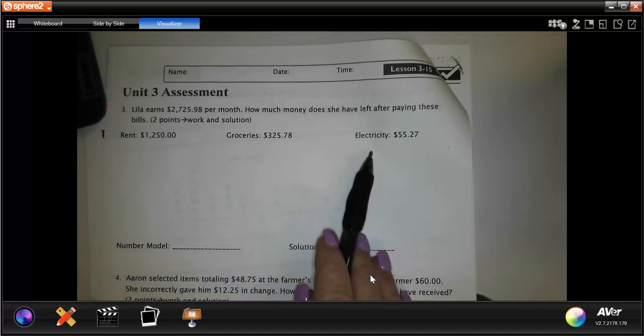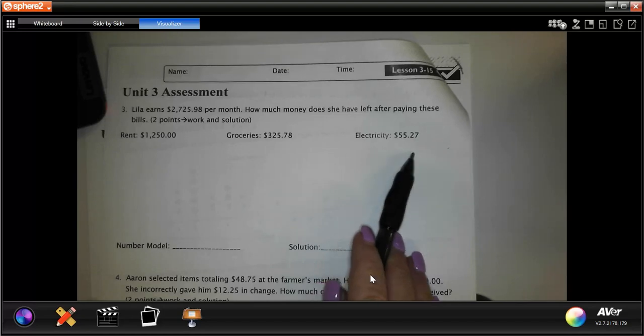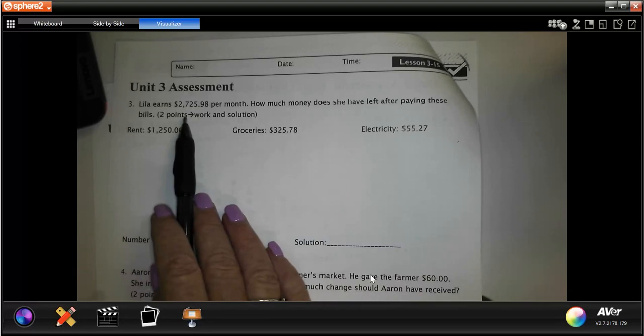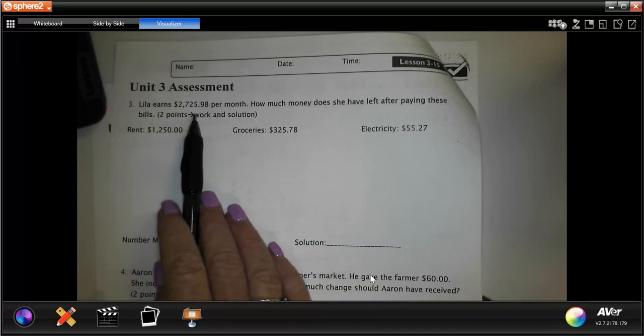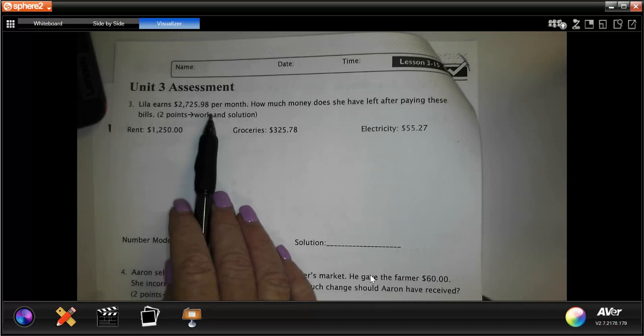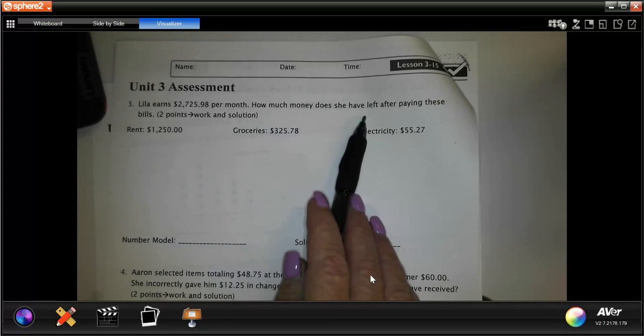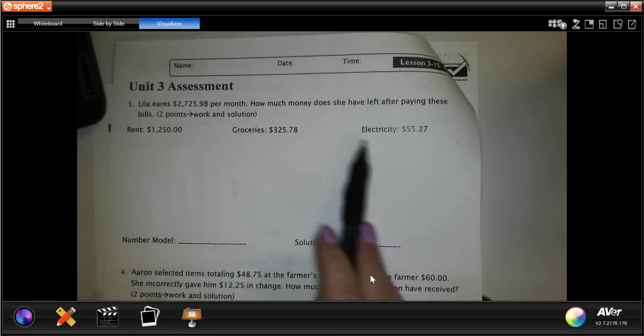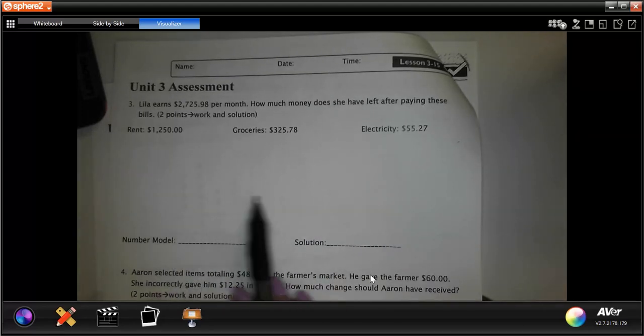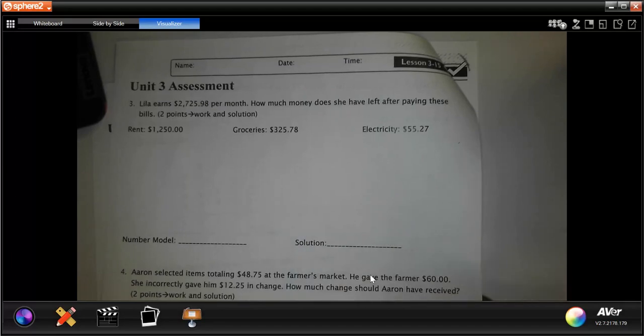And the electricity is $55.27. Remember, she earned $2,725.98 per month. The question asks, how much money does she have left after paying these bills? Make sure you show your work and the solution. Pause the video to finish that problem.